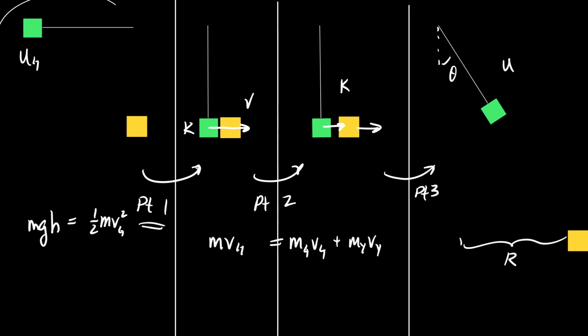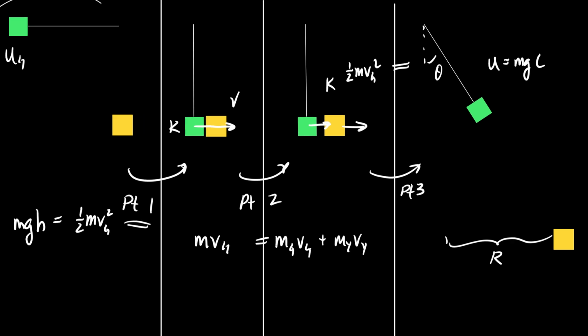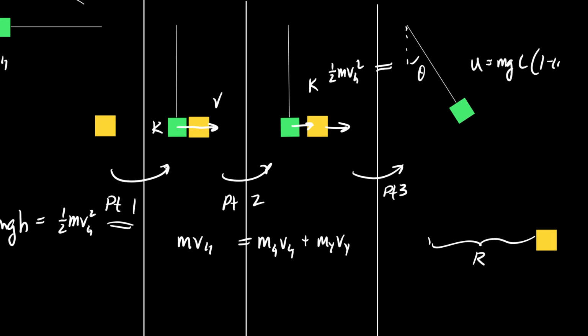Now the green block swings upwards some, so there's still going to be 1/2 mvg squared after the collision, and that's got to equal, well, I remember this, but maybe you don't, mgl times 1 minus cosine theta, because I remember things.